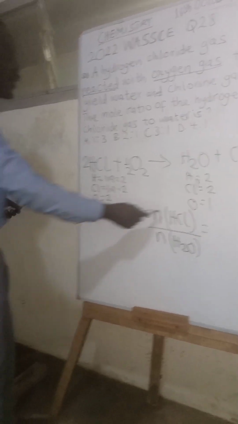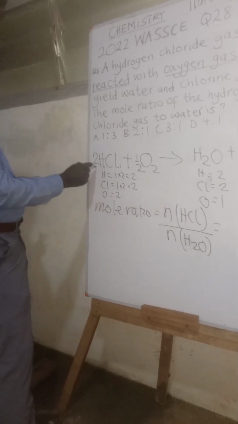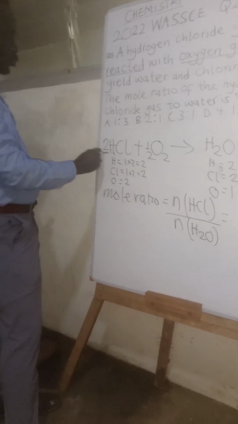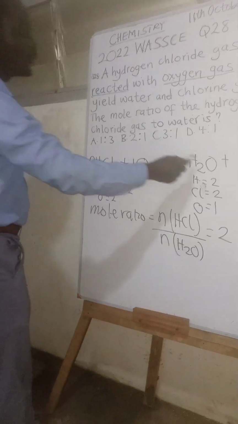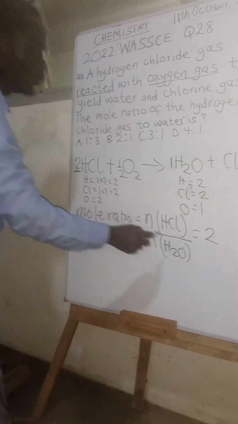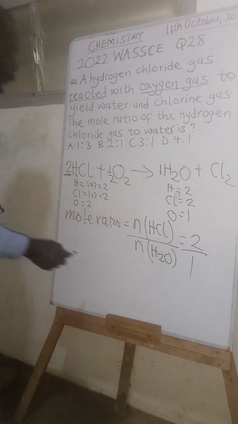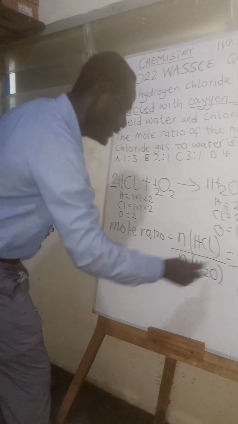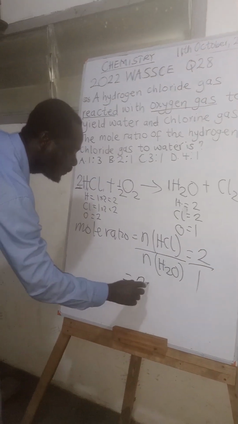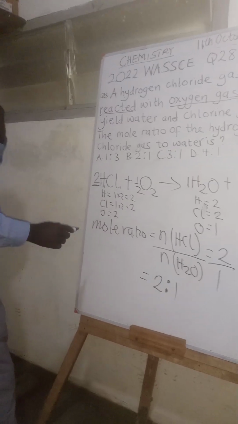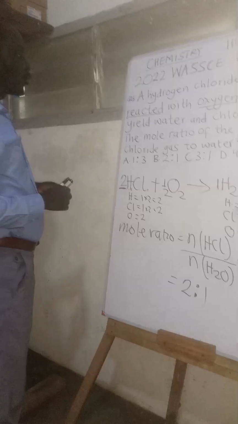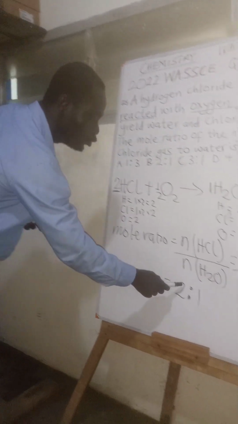Now, the coefficient of hydrogen chloride is 2, so you put 2 here. Then you come to the water, there is 1 here, so you put it over 1. So the mole ratio between hydrogen chloride and water gives us 2:1.